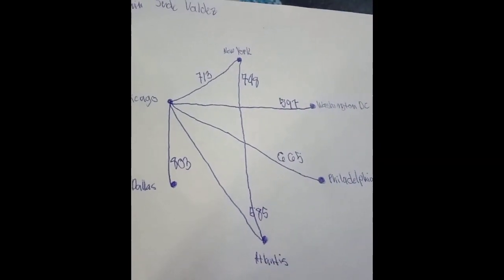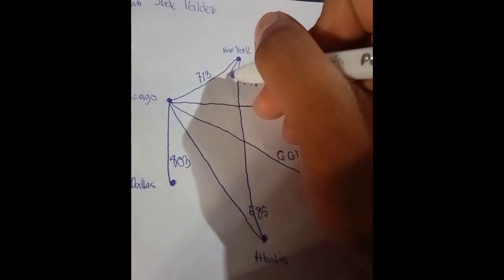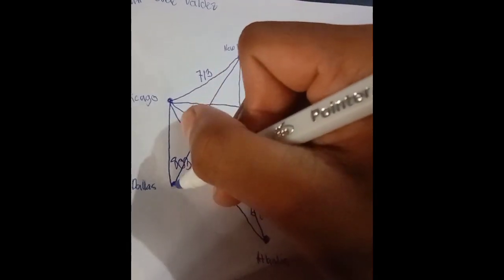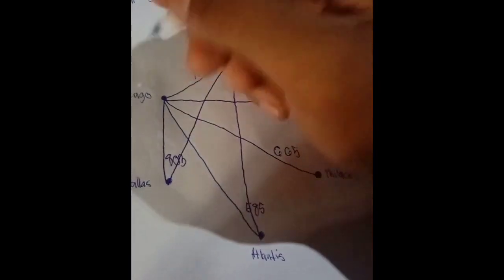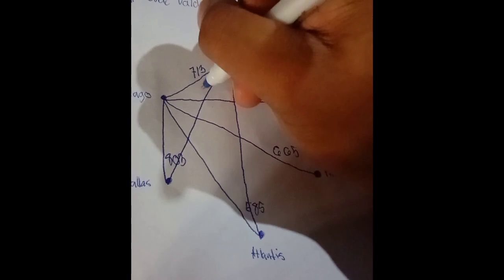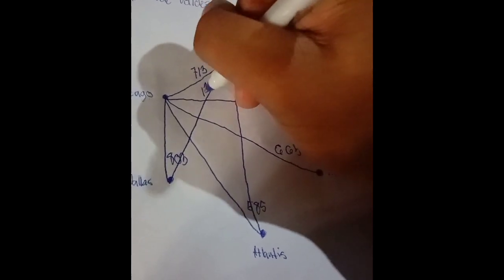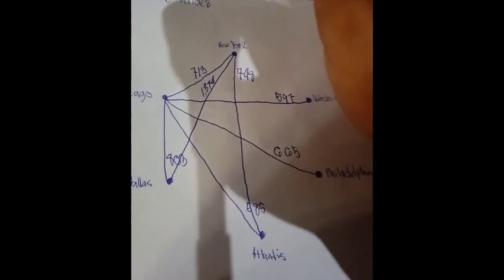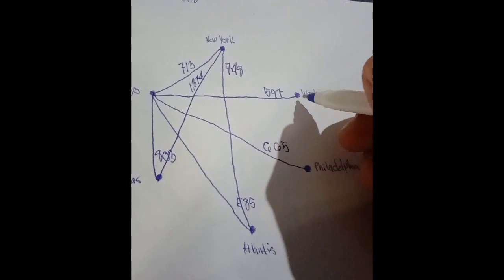And New York to Dallas. That would be 1,374. And the next is Washington DC to Atlanta.